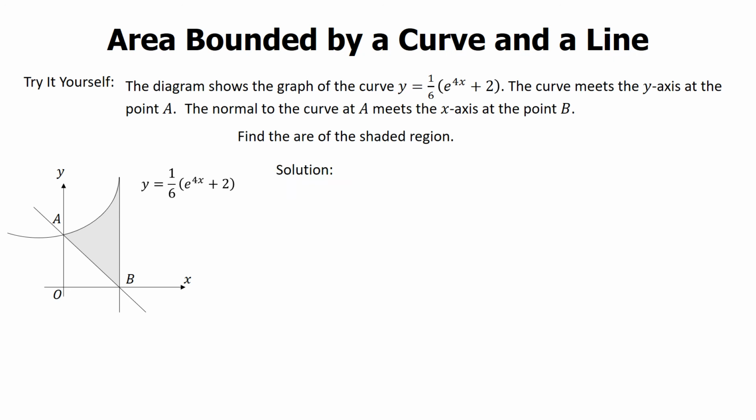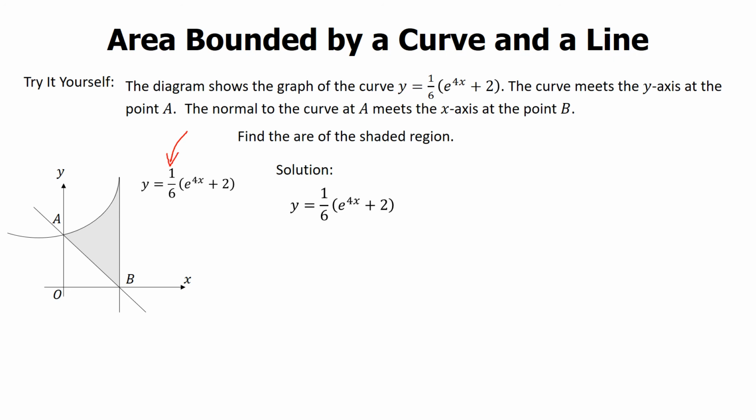So here is the solution. Given the equation y equals 1/6 times e to the power 4x plus 2. So now the question is, you want to find the area, you want it to be bounded to the x-axis or bounded to the y-axis. For me, I will choose it to be bounded to the x-axis because the process will be much easier, given that the equation is y equals 1/6 times e to the power 4x plus 2.